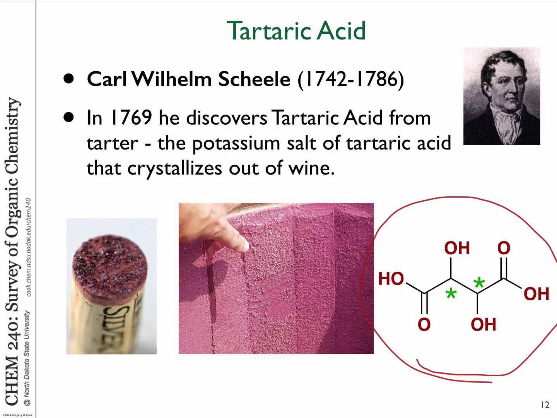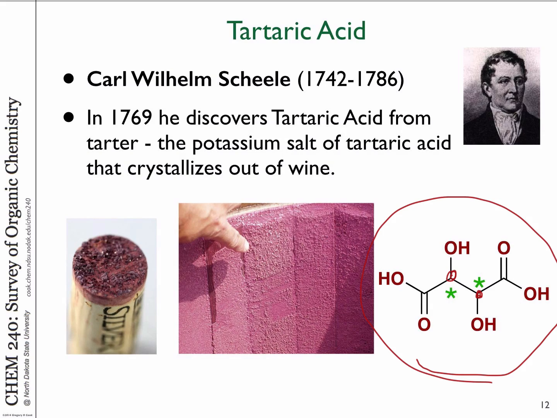You'll notice there are two carbons in tartaric acid that I've highlighted with those green stars. Those two carbons are stereogenic. They're asymmetric. They have two different isomers. Mirror images: the OH on the left one could be up or down, and the OH on the right one could be up or down.